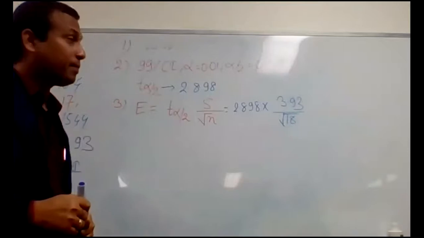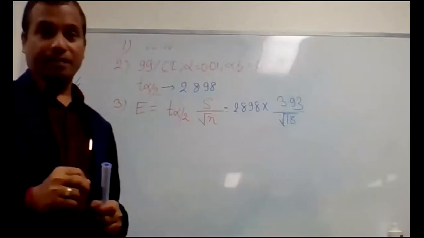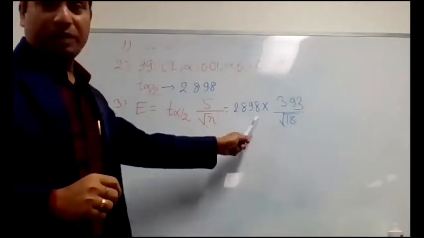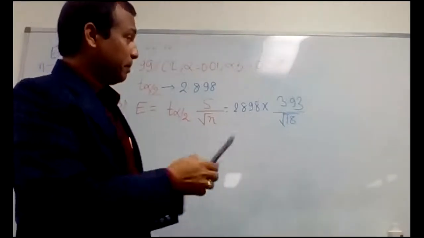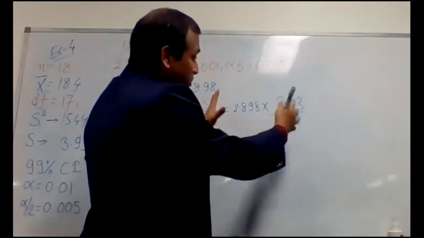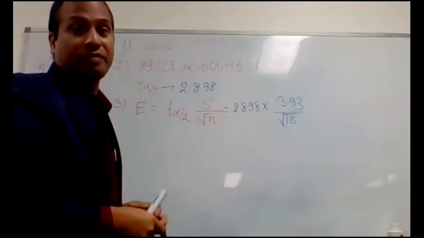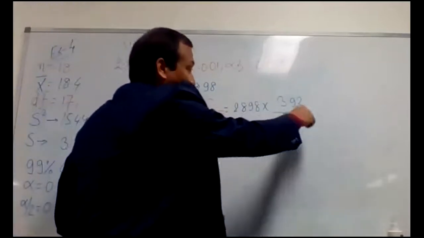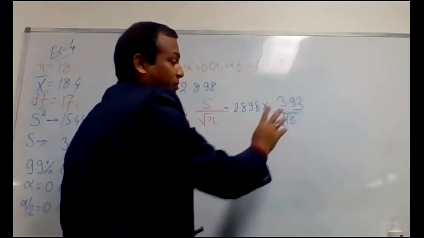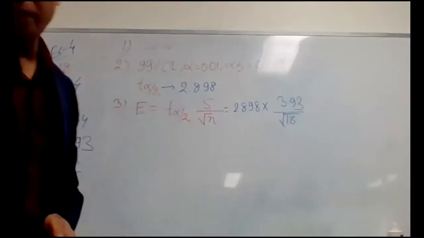Remember that. Get the correct value of this one. If you're doing this separately, don't round off. Get the correct one all together, and then round off at the end. This into this divided by this. So do it and let me know how much is the margin of error.